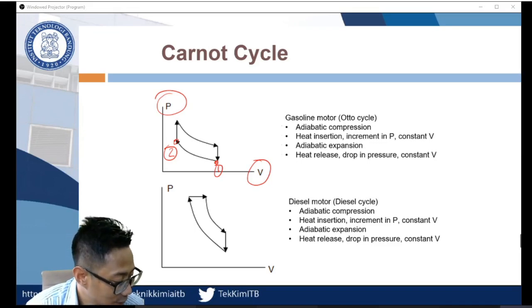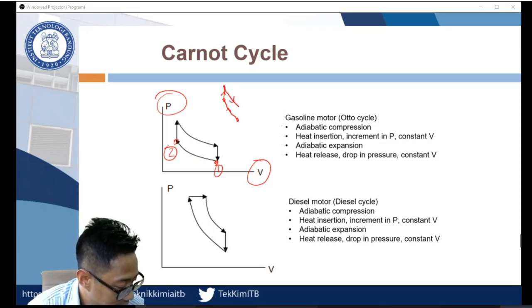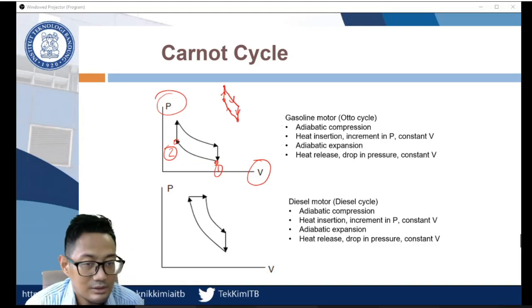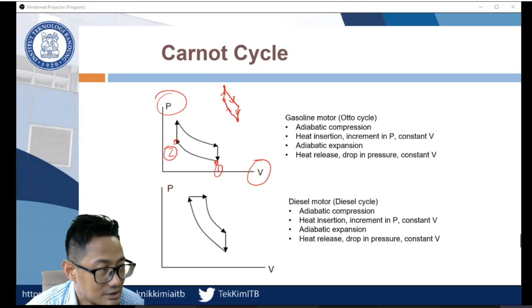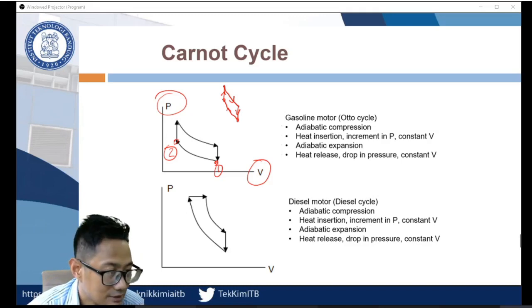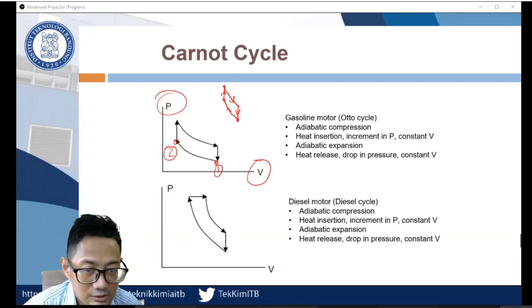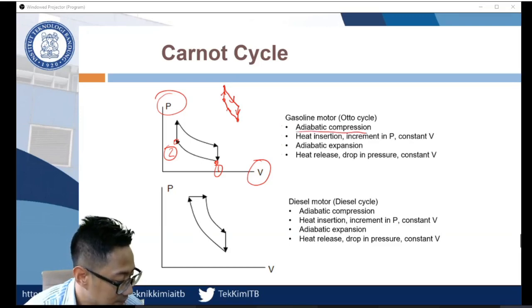It will be better if the picture is slightly steeper, and then straight up, increase again, and then straight down. People will understand this system much easier because of the different slope between isothermal and adiabatic. But let's assume state 1 to state 2 is adiabatic compression.